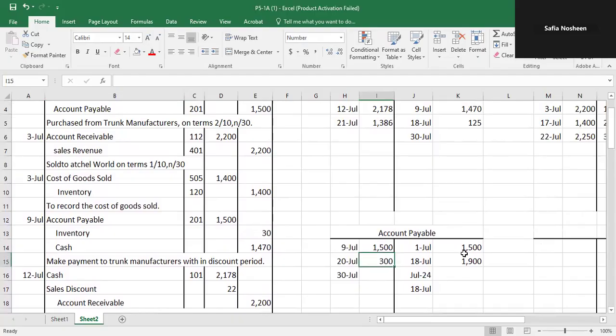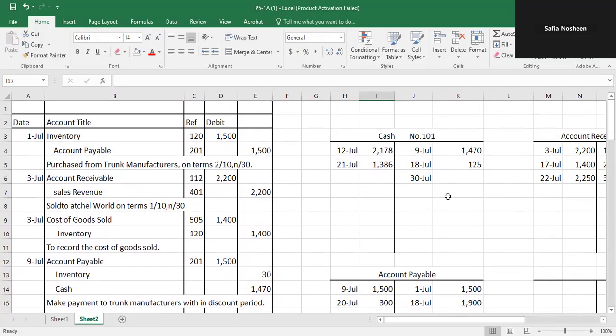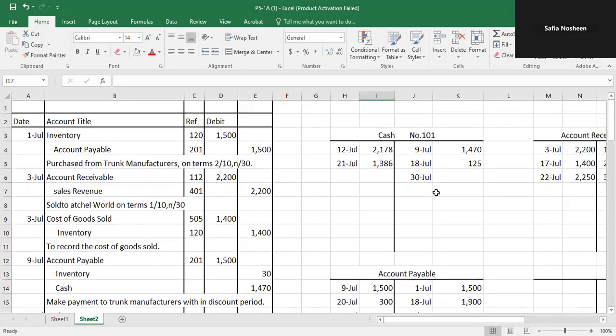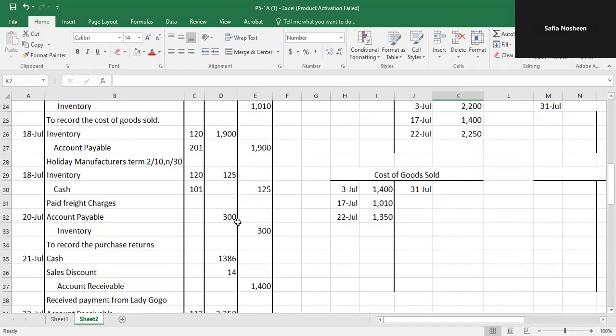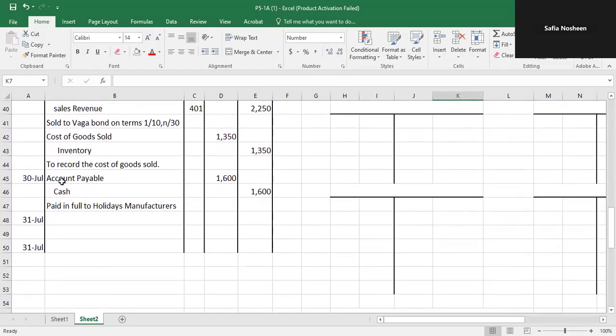Account payable was 1600 and cash was 1600. Right. So at this time, we are not going to avail any discount, so the inventory account will not be credited. So what about the next one?